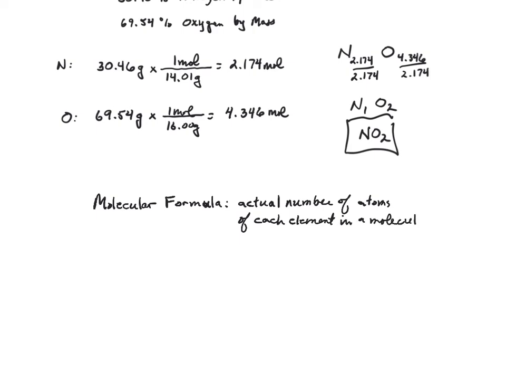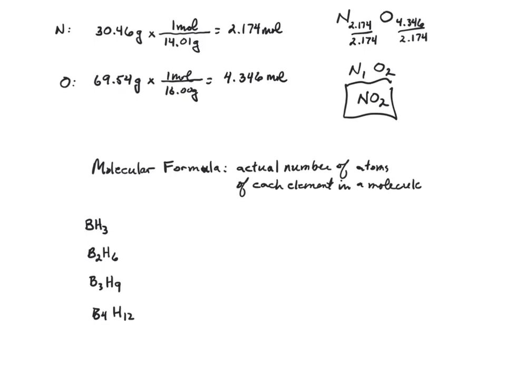Okay, so for example, when we looked at the BH3, all this was telling us as the empirical formula was that there were 3 hydrogens for every 1 boron, which means that it could have also been B2H6 or B3H9, B4H12, and so on.